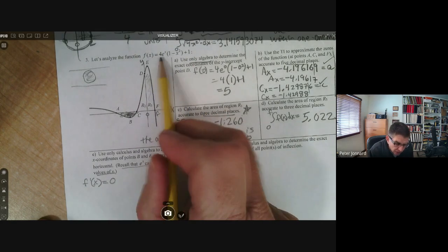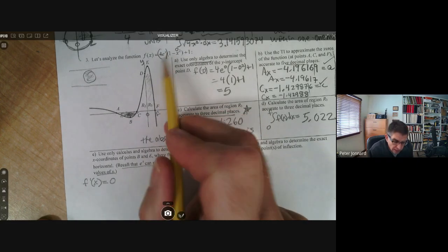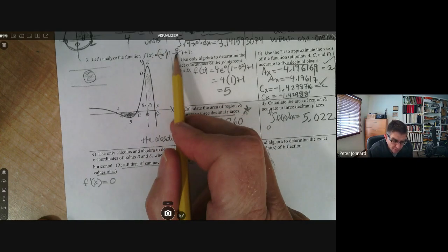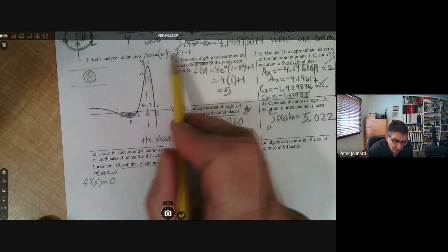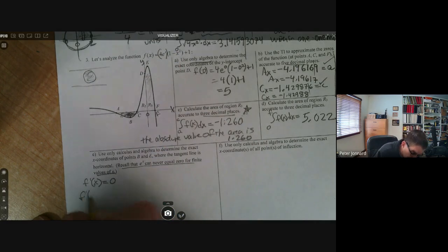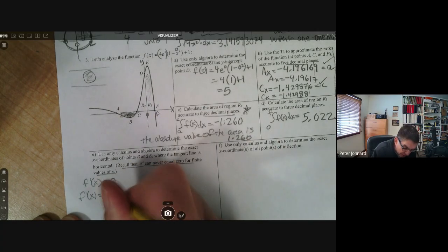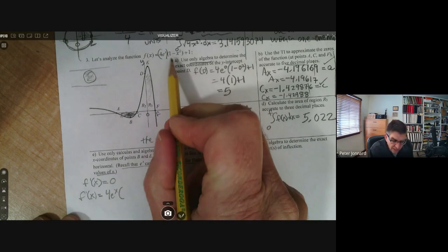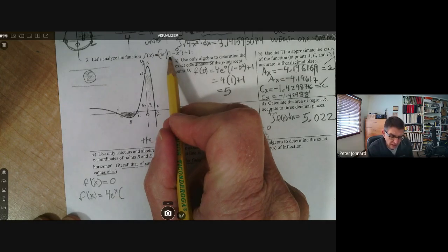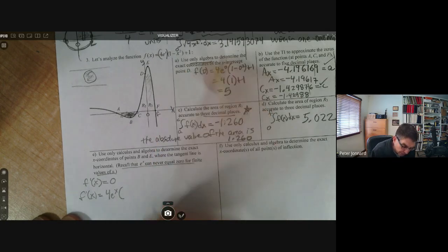So basically, I have to worry about the product rule here. So I have to do this times the derivative of that plus that times the derivative of this. Okay, so f prime of x is equal to 4e to the x times the derivative of this. Well, the derivative of a constant is 0, so I basically have minus 2x.